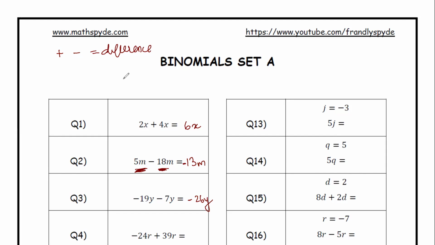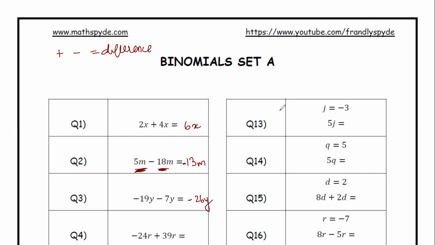So between 5 and 18, if you disregard their sign, the bigger number is 18. Then the result will be negative because you consider the sign of the bigger absolute value. Here 18 has a negative sign. Therefore, 13m will be negative. Got it?